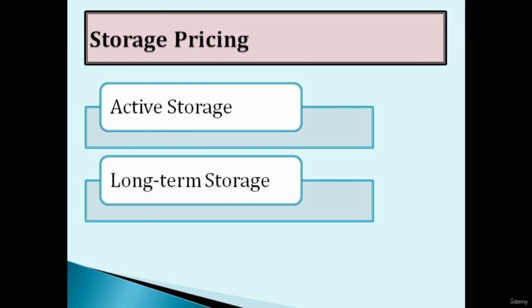Active storage includes any table or table partition that has been modified in the last 90 days, and long-term storage includes any table or table partition that has not been modified for 90 consecutive days. The price for storage for that table automatically drops by approximately 50%. There is no difference in performance, durability, or availability between active and long-term storage.